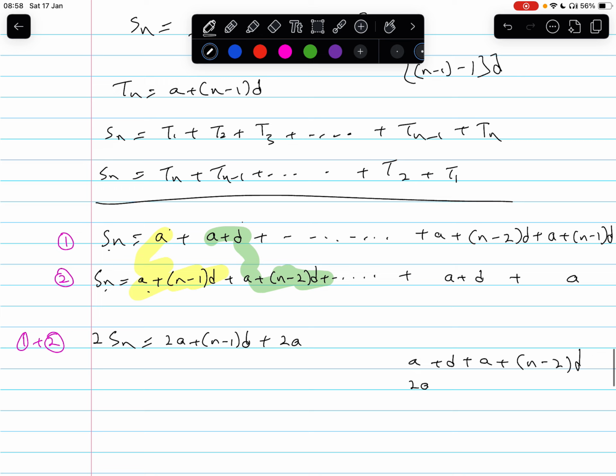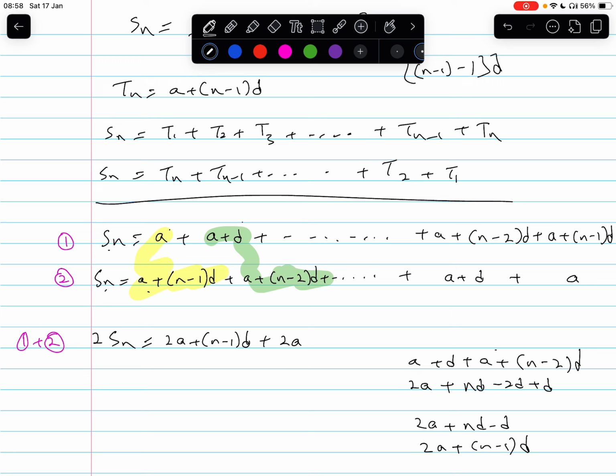Cool. We get 2a plus nd minus 2d plus d, which gives us 2a plus nd minus d, which is 2a plus n minus 1 d.